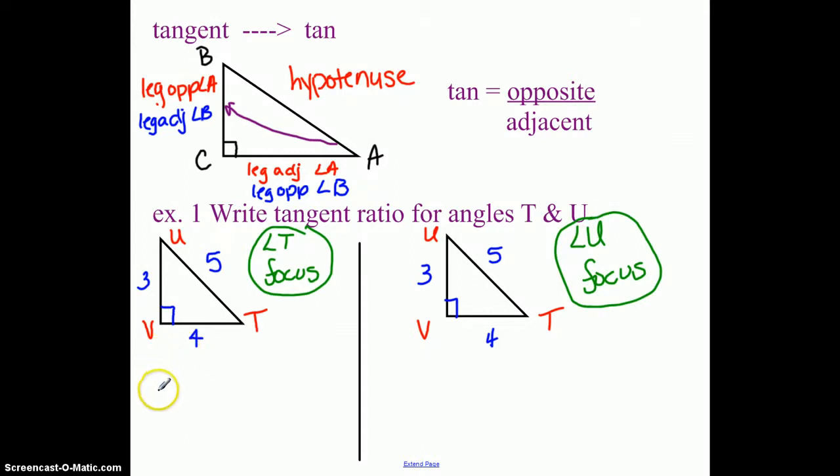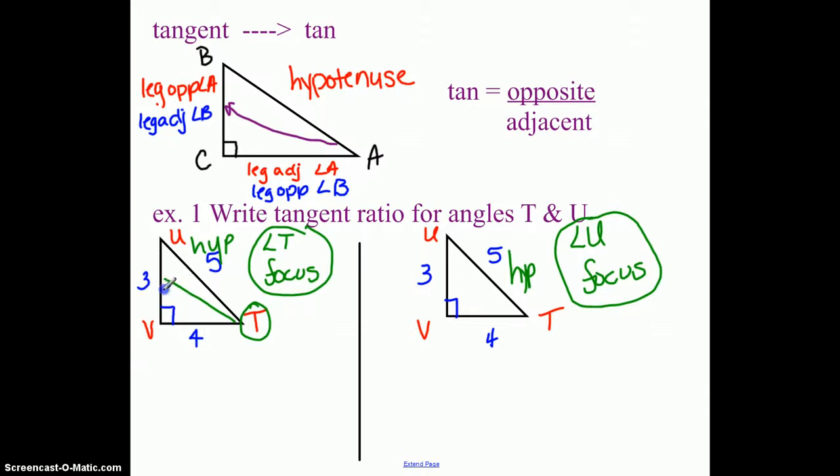Now, first of all, regardless of which triangle we look at, 5 is the longest side, so it makes sense that this is the hypotenuse. So I'm going to label that. Now, if my focus angle is T, typically when it's a focus angle, I tend to circle it.